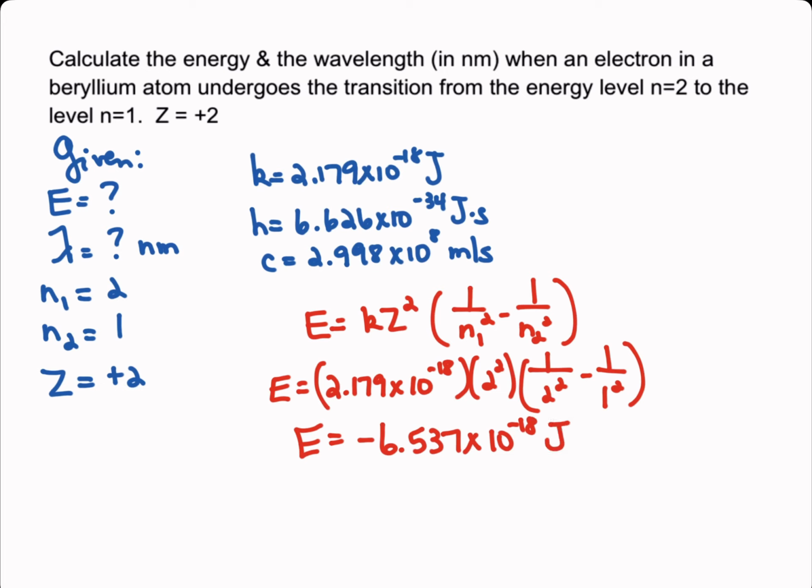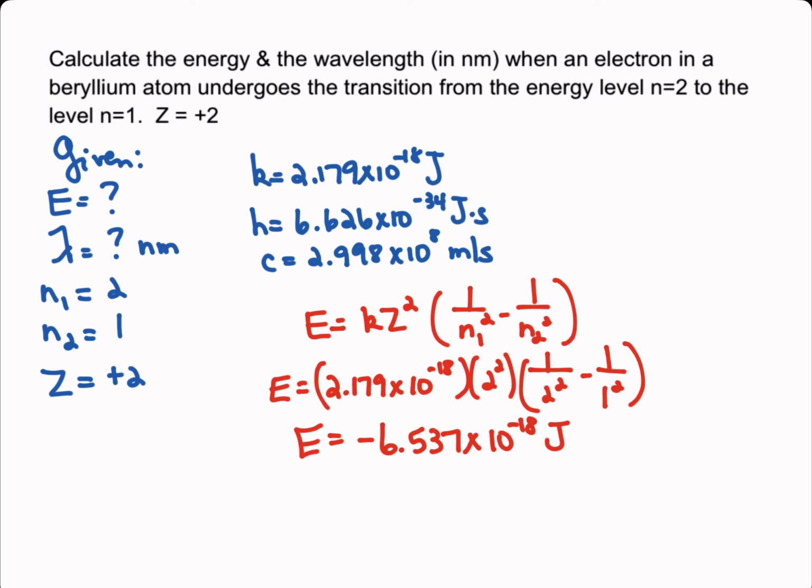So our energy is negative 6.537 times 10 to the negative 18 joules. Our electron transitioned from a higher level to a more stable level. So energy was emitted, and therefore energy is a negative number.